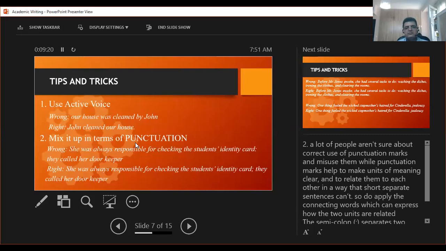So do apply connecting words as well as punctuation marks in your academic writing. Suppose in this sentence, she was always responsible for checking the students' sentence. Actually here, some part of the sentence is not seen.